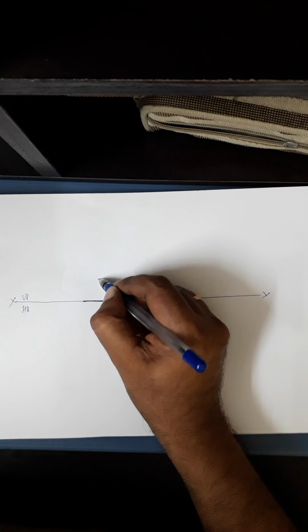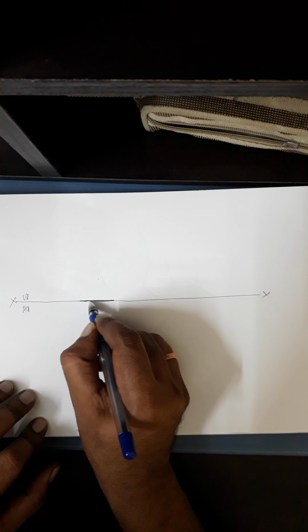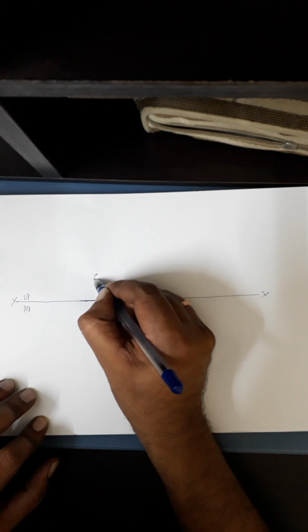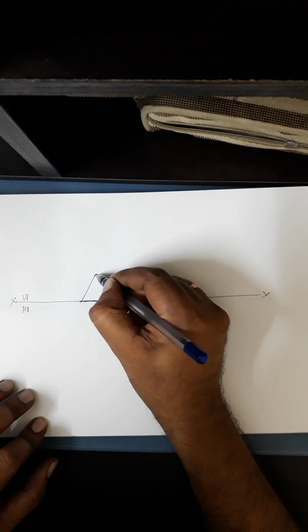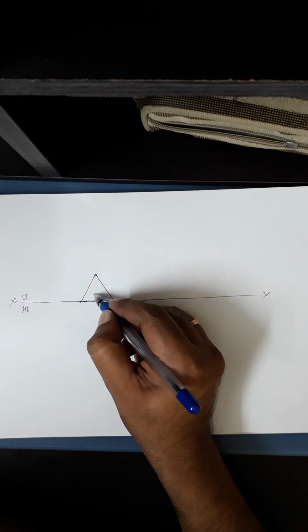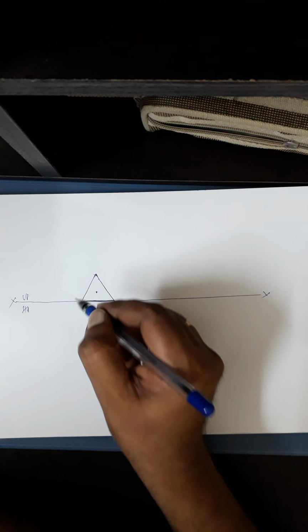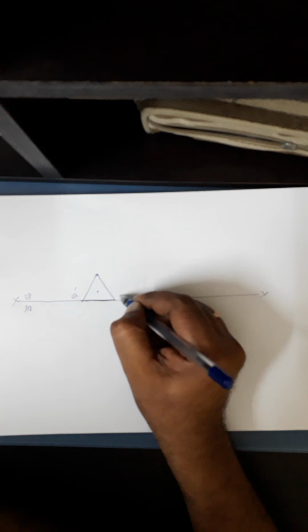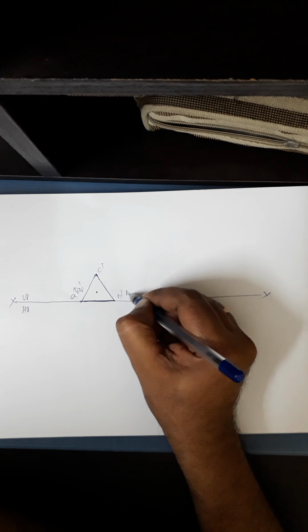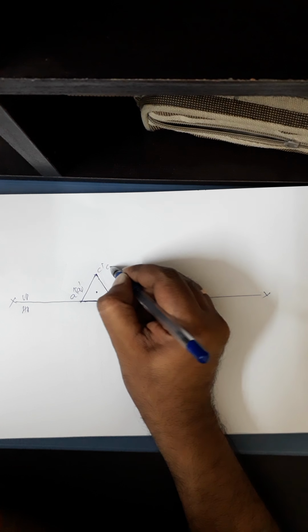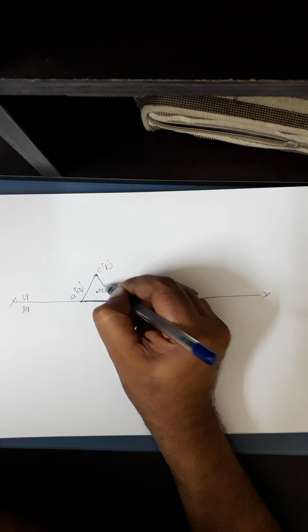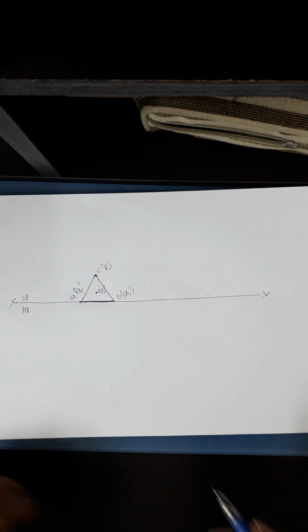I'll go for drawing a triangular prism. An equilateral triangle. Bisect any two sides and you'll get the axis. So A dash, B dash, C dash, A1 dash, B1 dash, C1 dash, and O1 dash, all are dashes, okay.